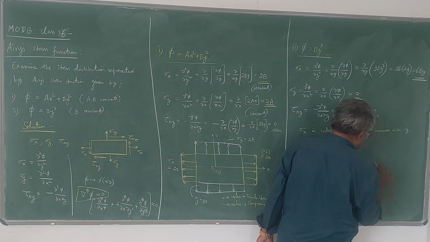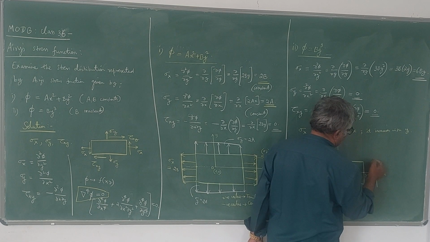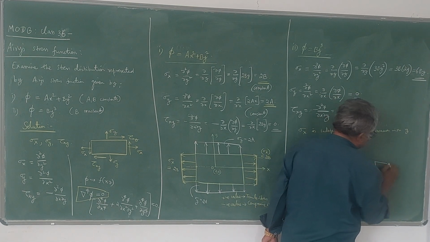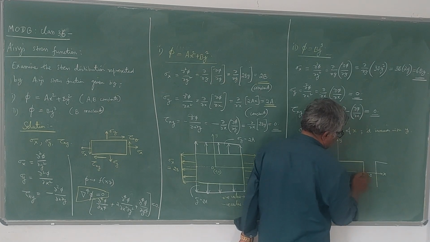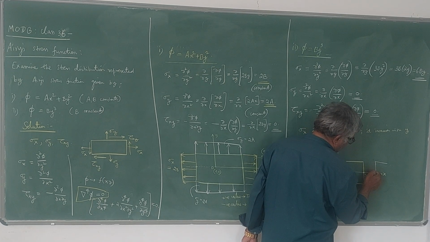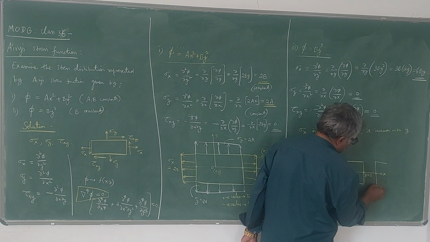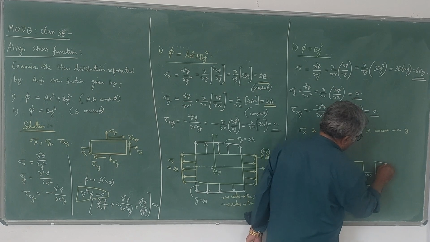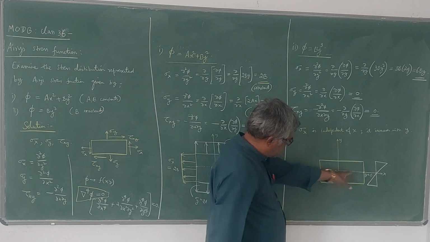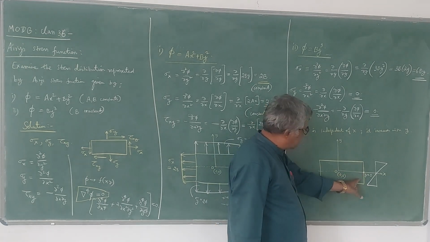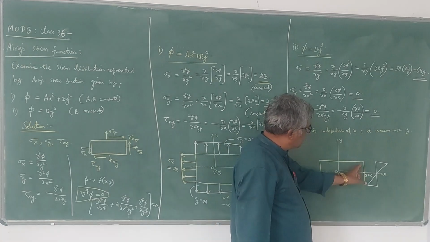As y increases from this point to this point, your stress also will increase, and in the downward direction also, as y increases, y is measured from this line. As y increases downwards also, stress increases. Therefore, this is how it increases. As y is taken downwards, it is negative. Y taken upwards is positive.